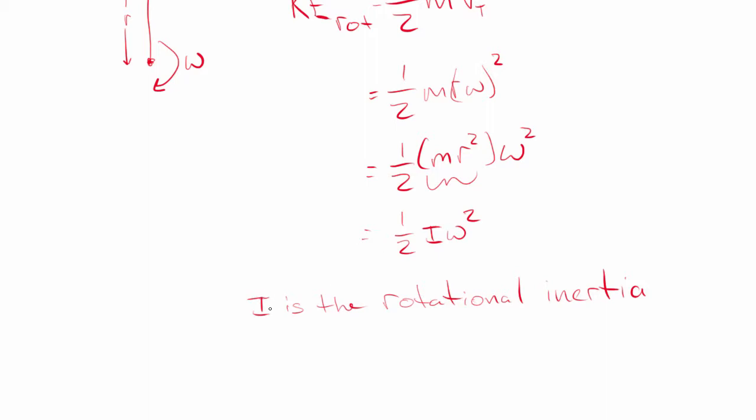So rotational inertia is just the rotational analog to mass. That's all it is. Just like angular velocity is the rotational analog to velocity, rotational inertia is the rotational analog to mass. And I'll point out, I usually call this rotational inertia. I don't know why, but you'll also see this referred to as the moment of inertia.